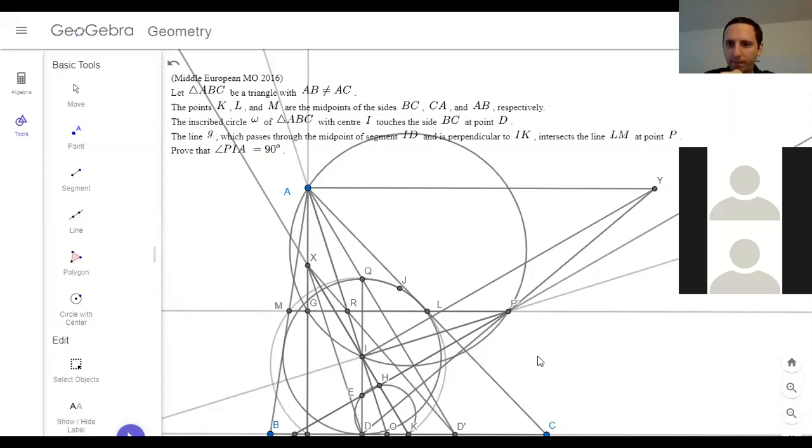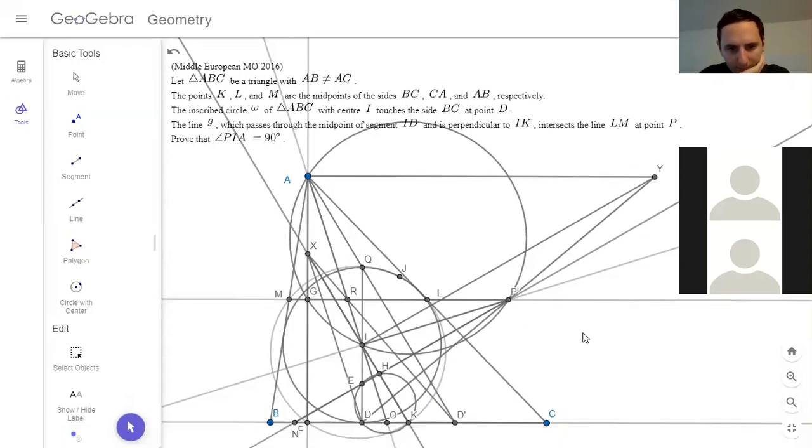I think okay, so YI is perpendicular to IK, and then was it like just a spiral similarity kind of thing from there?